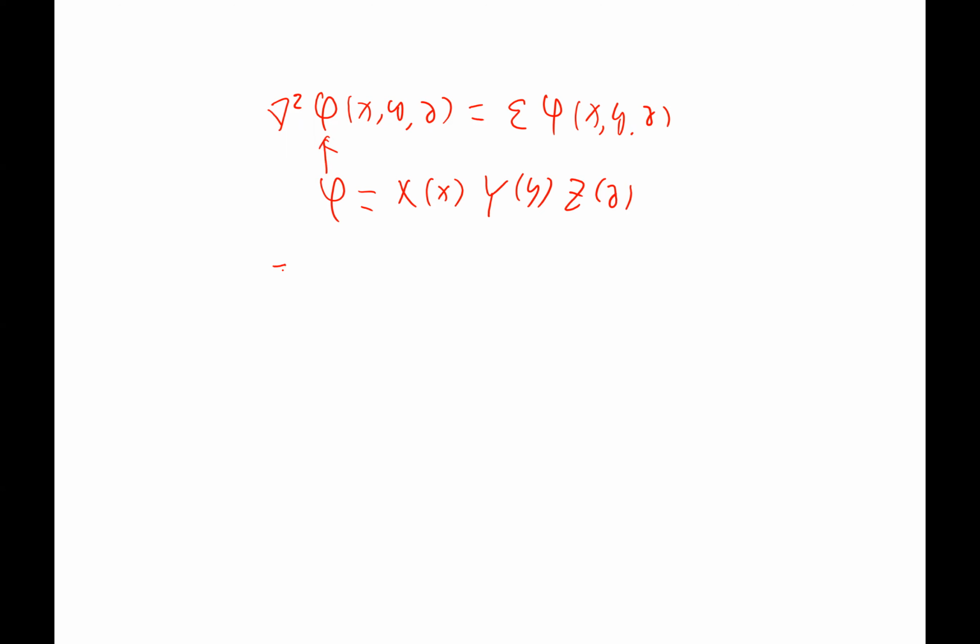Remember, your del square is given by partial square over partial x square, plus partial square over partial y square, plus partial square over partial z square, right?